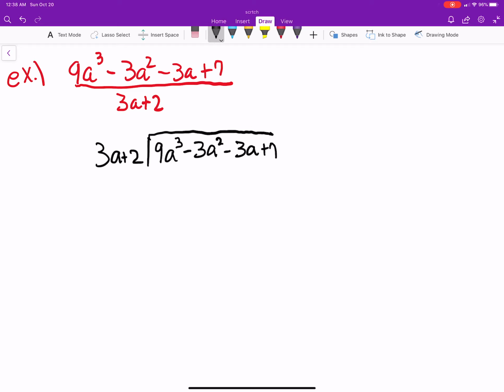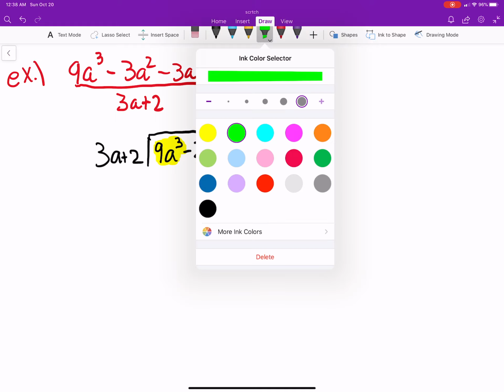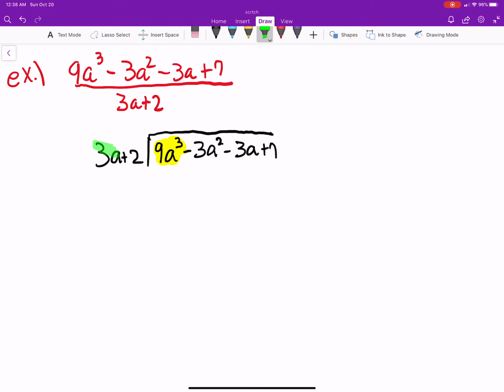Okay? So here's what I'm going to do. I'm going to look at this furthest left term right here, the 9a cubed. Now I want to ask myself what I can multiply this first term here by to get that. I'm not really even concerned about the 2.